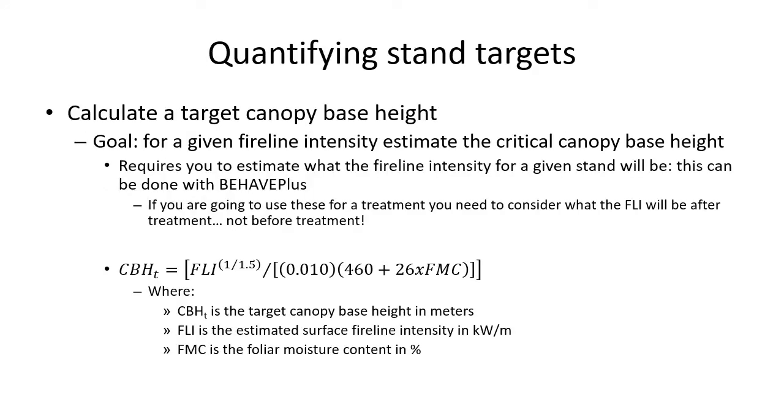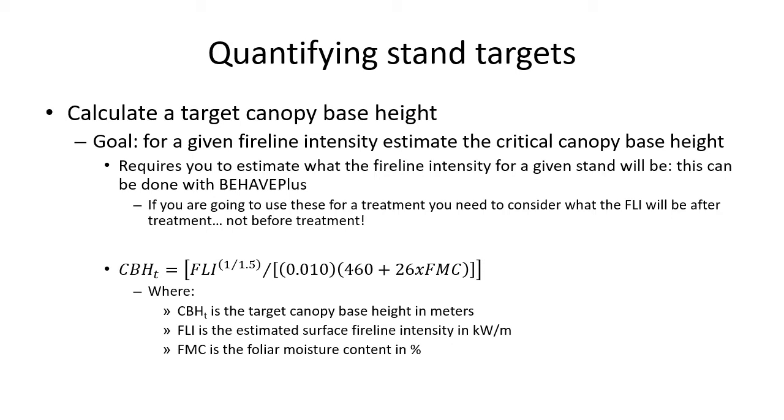So there are a lot of different ways we could potentially quantify stand targets. One way is to use this equation here. It's basically just a modification of Van Wagner's crown fire initiation equation to find a target crown base height, or canopy base height rather, for our treatment.